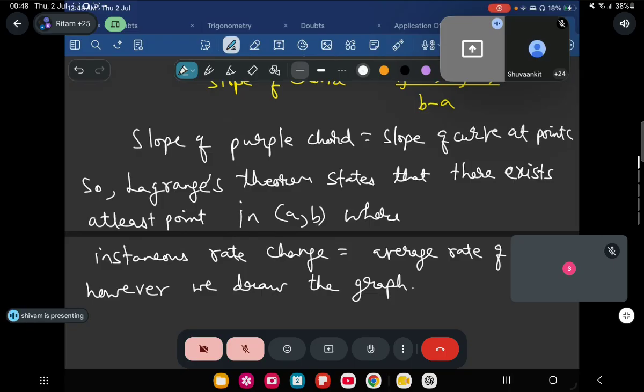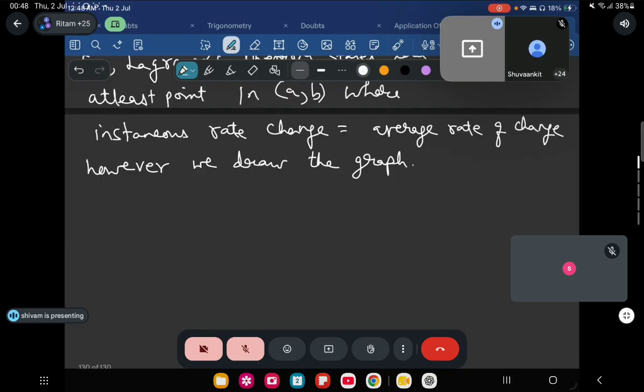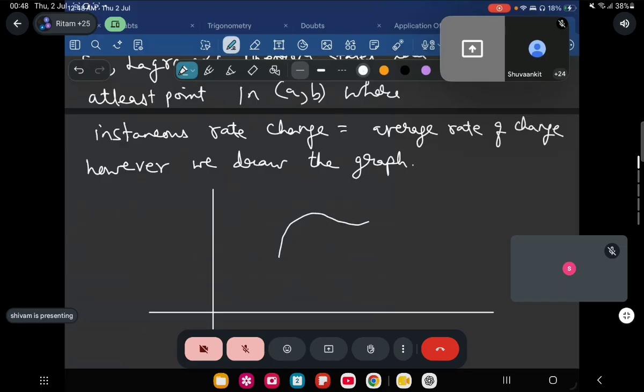However you draw the graph, every time you will get the same thing. See, I'll show you another graph.